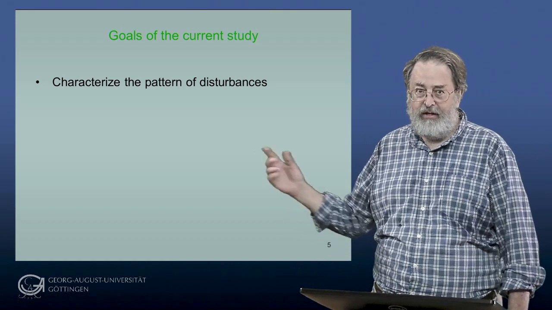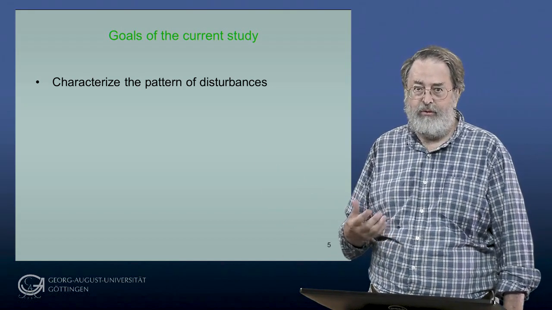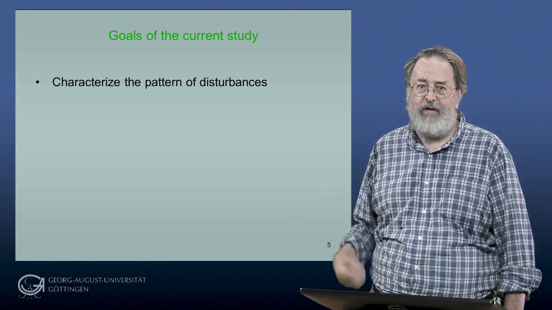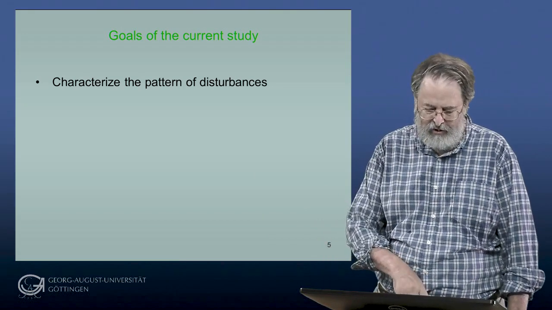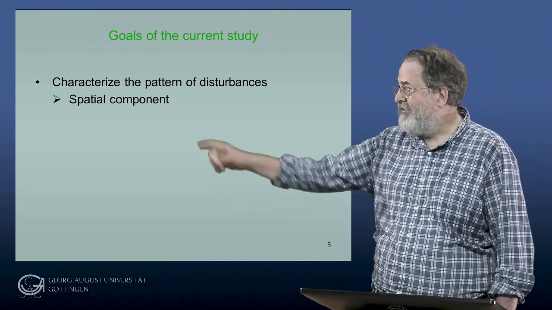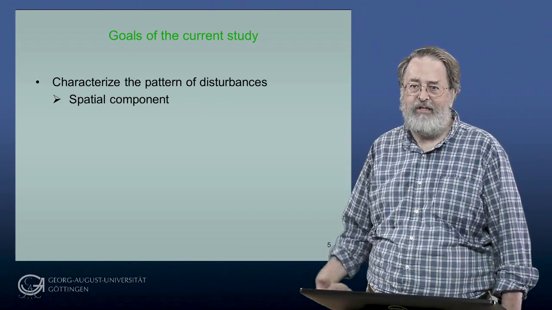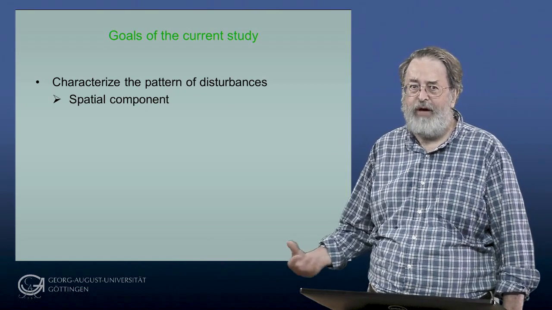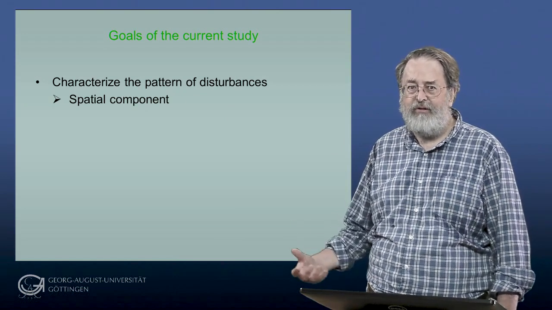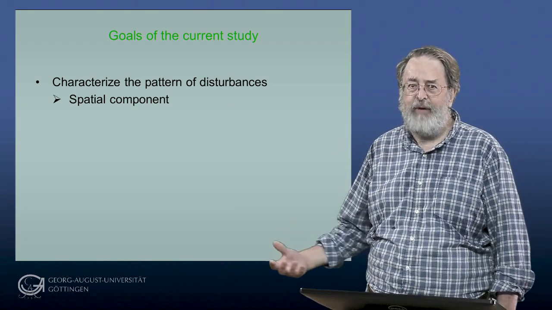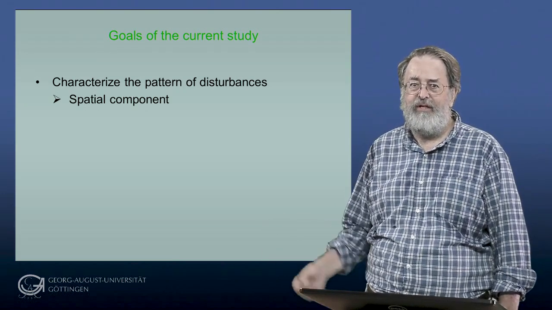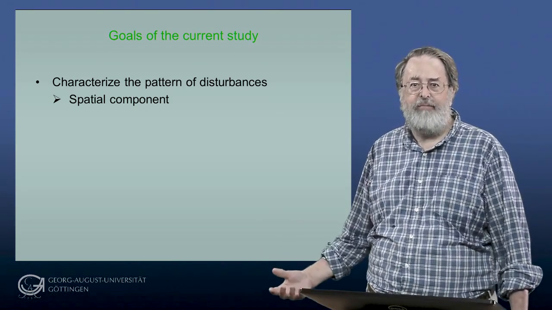In this study, we wanted to do a really good job of this both in time and space to really understand what's going on. One component that's important is the spatial component, and that's really relevant to what we're talking about in this set of videos, to look at point pattern analysis as a way of understanding how the pattern of the mounds is within the field and how that relates to the plant community.